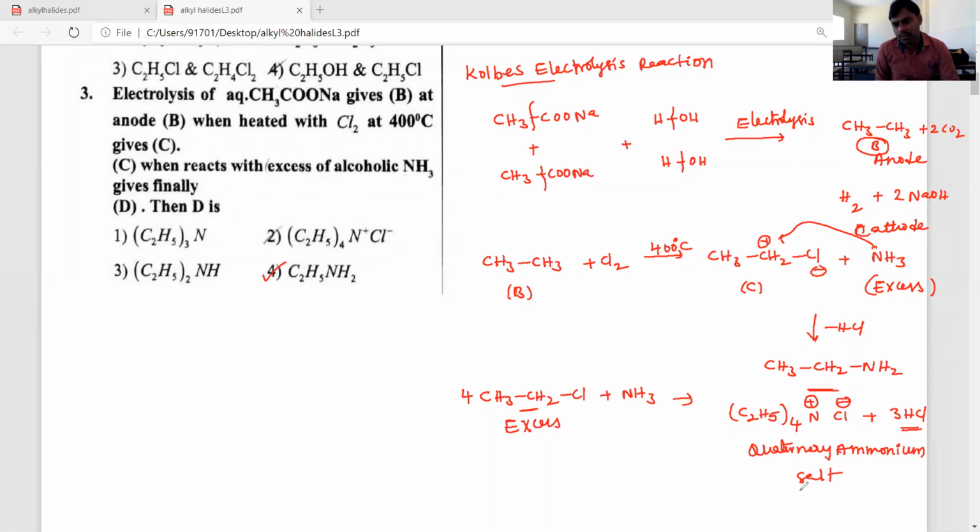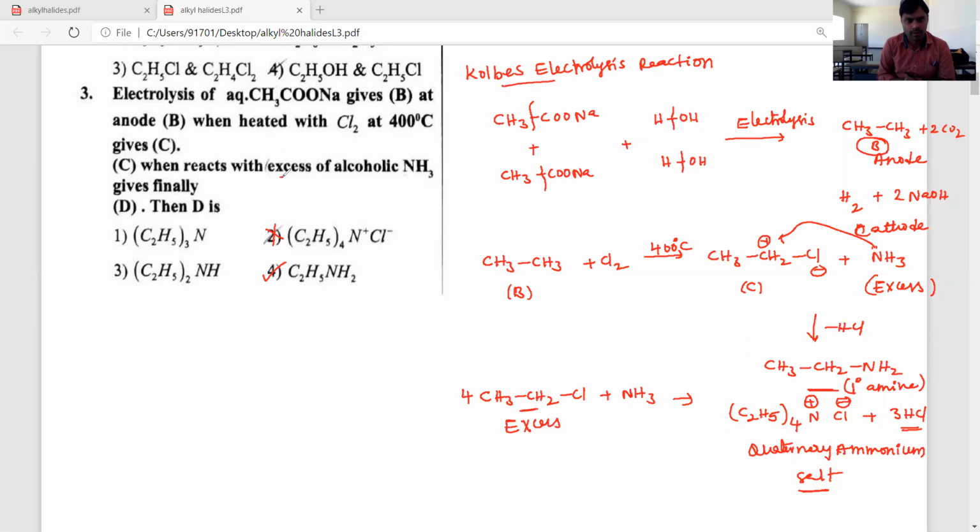When does the quaternary ammonium salt form? If alkyl halide is in excess when reacting with ammonia. If ammonia is in excess, only primary amines will form. Predominantly primary amines are the major product. Already we discussed these reactions in the amines chapter. It is very important. Don't confuse. The answer is not the second one.